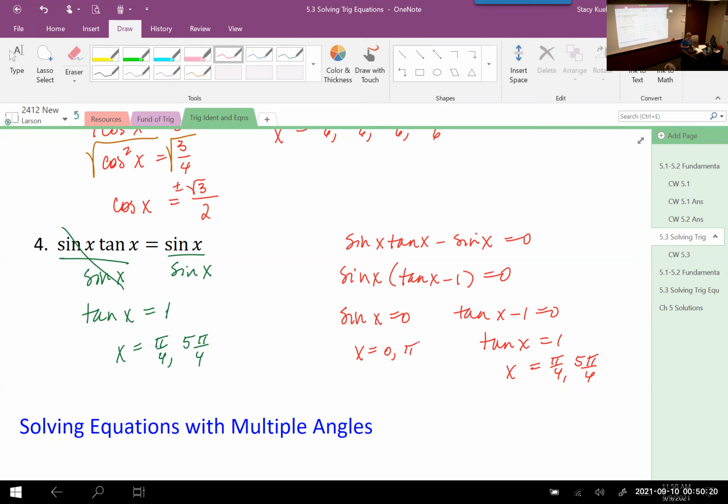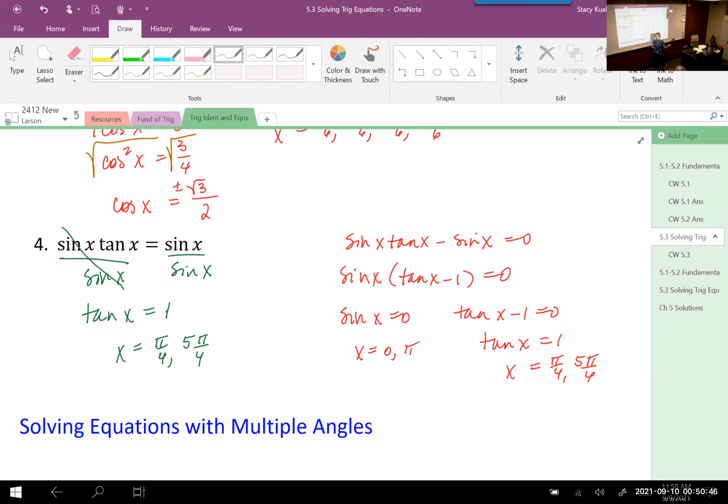Okay. Questions on this? Do you want to keep all the trig functions in the equation so that you can solve for each of them? You'll see that we're going to use an identity in another problem. But I didn't have to use an identity in this one because I could just use factoring.